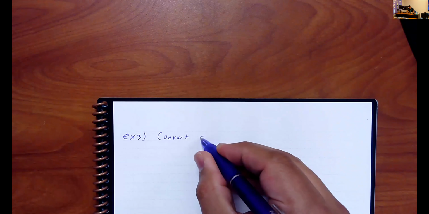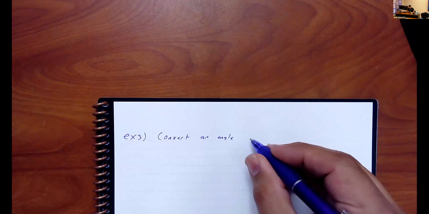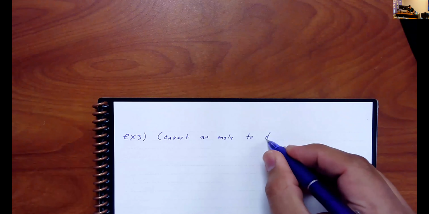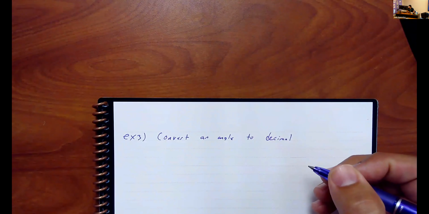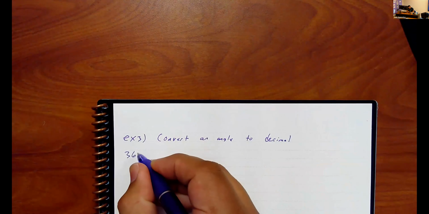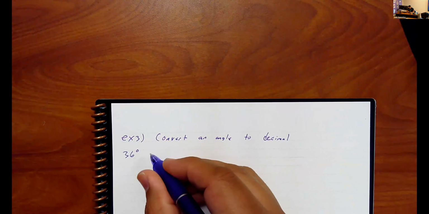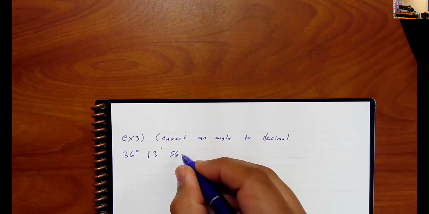Convert an angle to decimal. Basically, I'm saying when you have this format, degrees, 36 degrees, 13 minutes, 56 seconds.